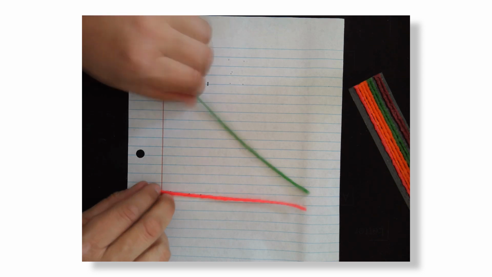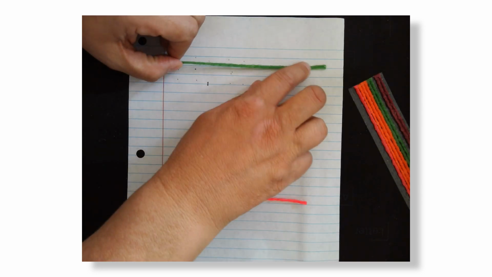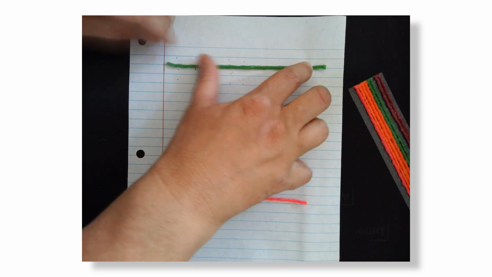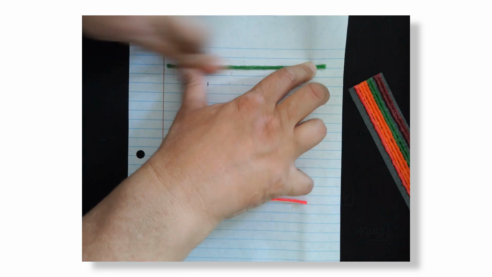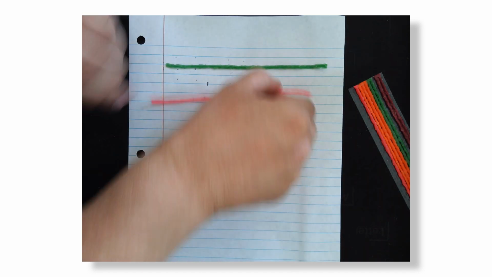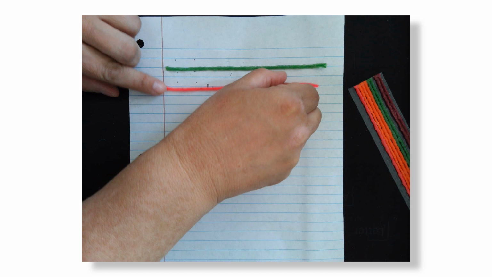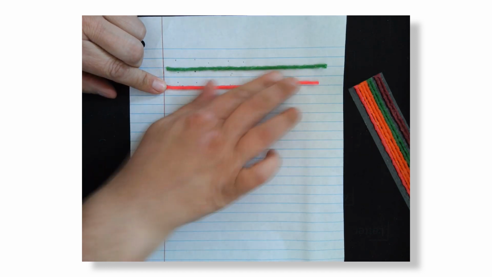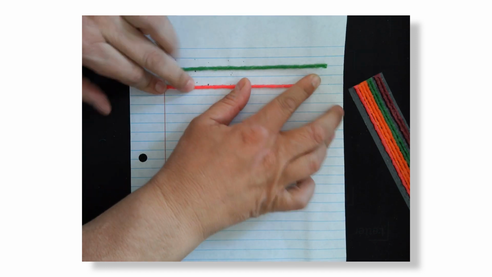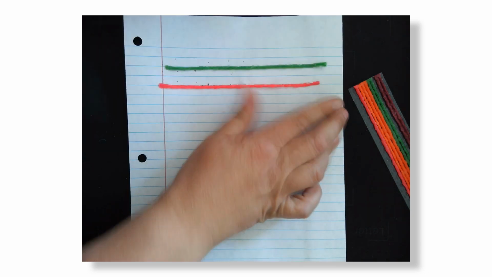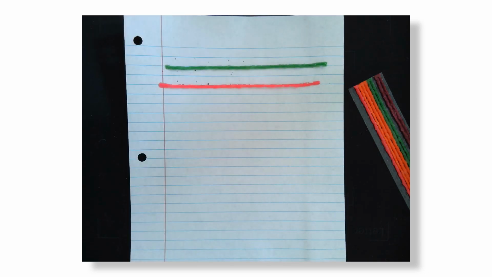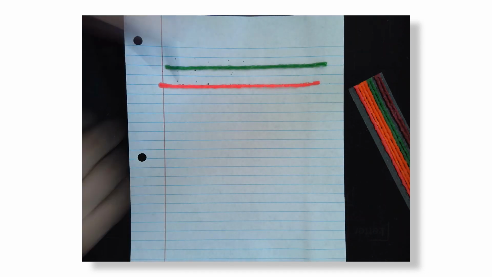Mine happens to be pink. All you do is take it, put it across the line, press it down, and now the student or your child will know where their boundaries are, where they have to stay within the line.